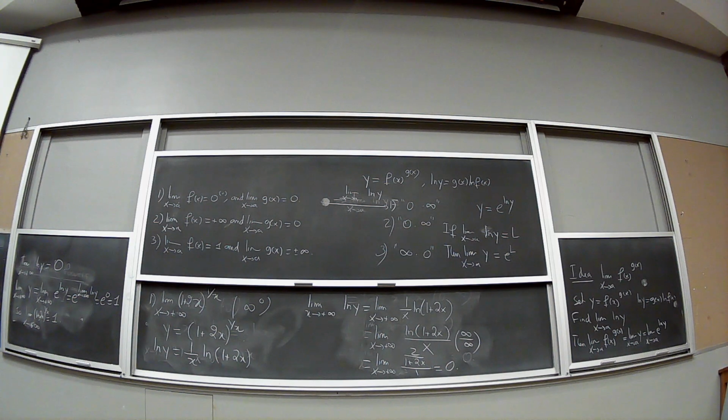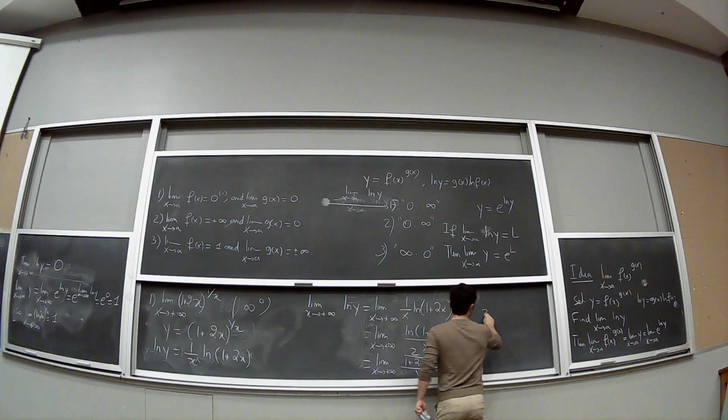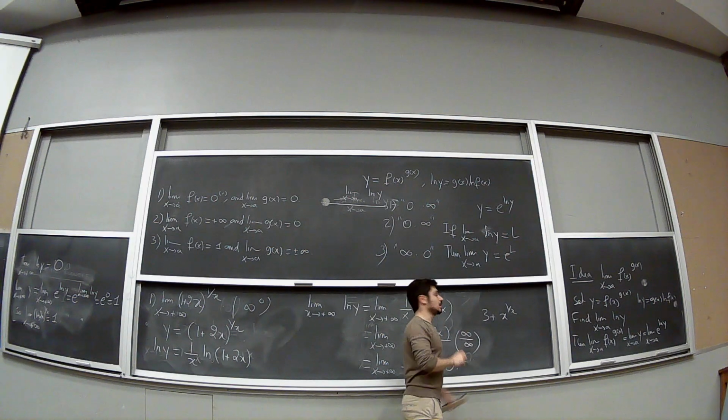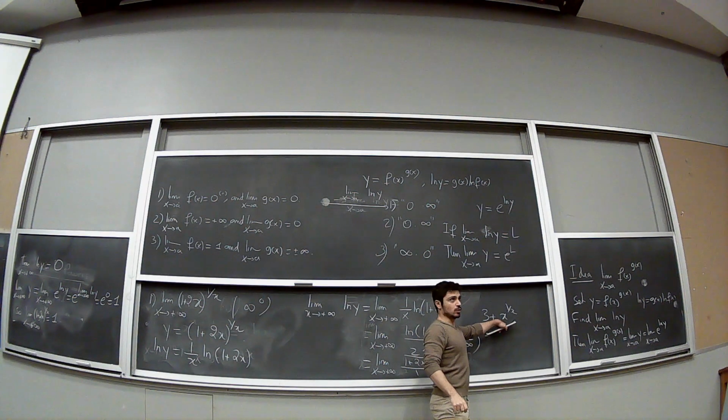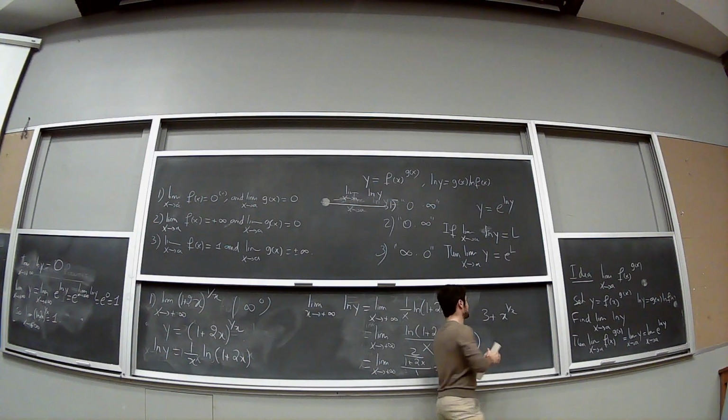But what if it's not in the bracket? So if you have 3 plus x to the 1 over x, but the 1 over x is outside of the bracket. This one will go to 1 plus 3, 4. Okay?